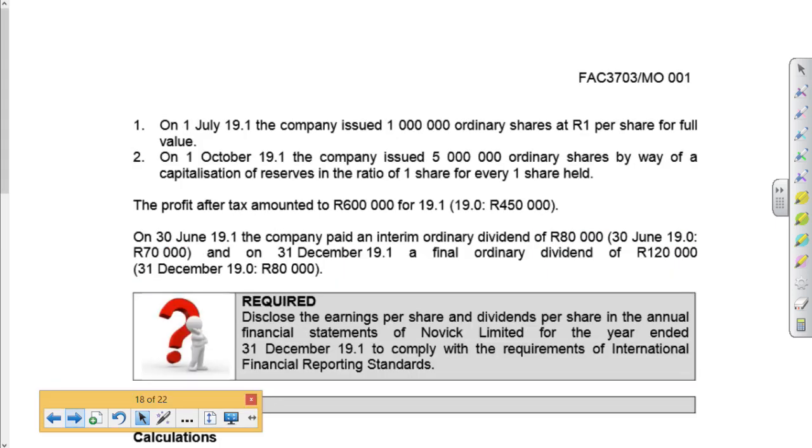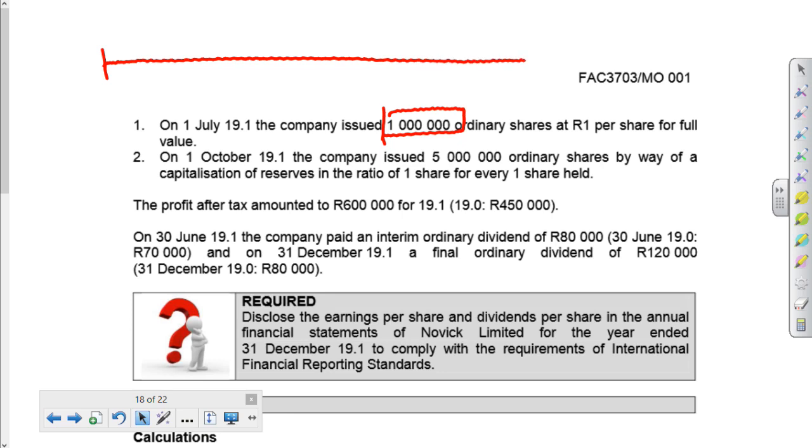On the 1st of July, they had a share issue. They issued 1 million shares. So it went from 4 to 5 on the 1st of July, right? So if I do a timeline, just for dividends per share, I don't need to do the weighted average because I don't need it, isn't it? I would start beginning of year with 4 million shares.